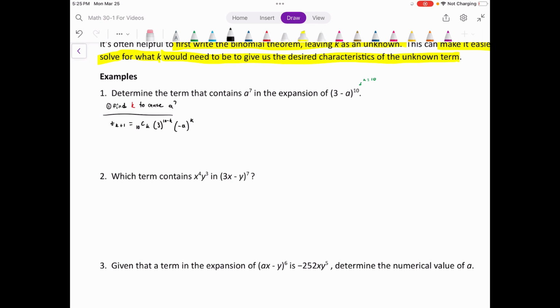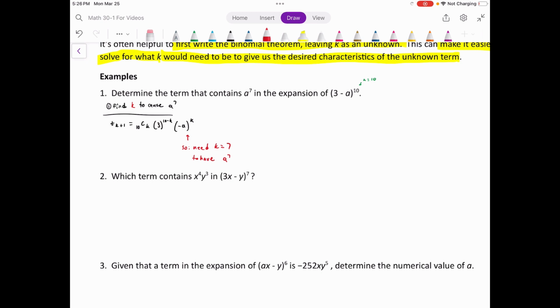And we want a to be to the power of 7. So honestly, just looking at this, we can see, oh, okay, well, that's going to happen when k is 7, right? So we need k equals 7 to have an a to the power of 7 in that term, right?